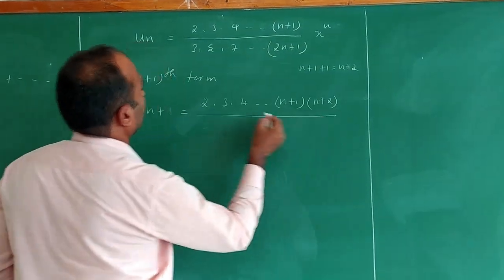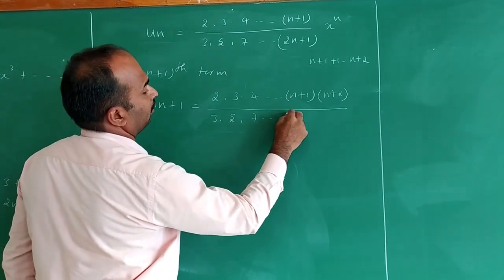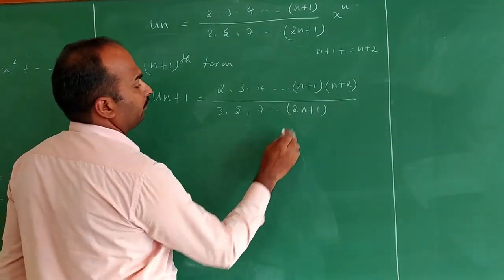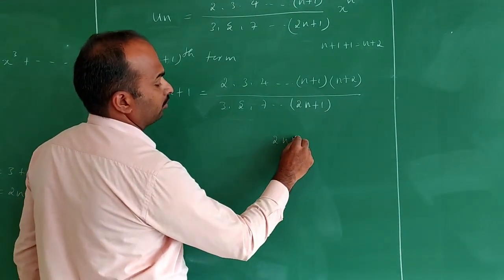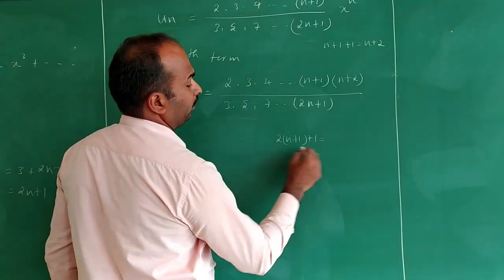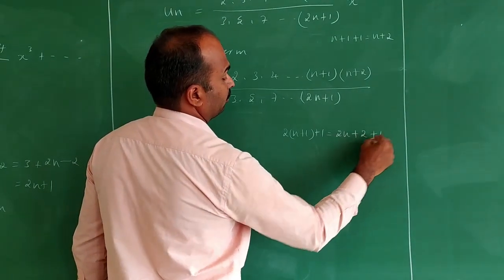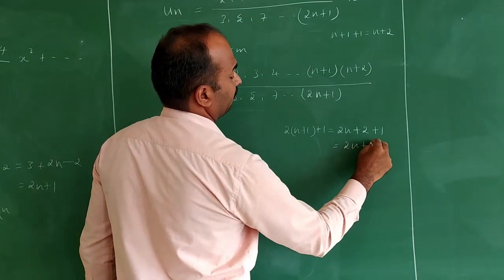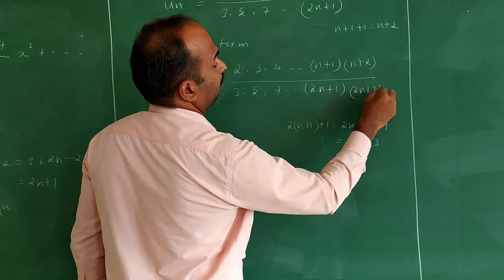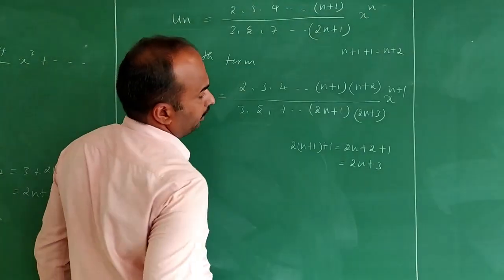In the denominator, we have 3, 5, 7, 2n plus 1. Here if I change n to n plus 1, it becomes 2n plus 1 plus 1, which is nothing but 2n plus 2 plus 1, which is 2n plus 3. So therefore the next term will be 2n plus 3 into x to the power of n plus 1. Change n to n plus 1.